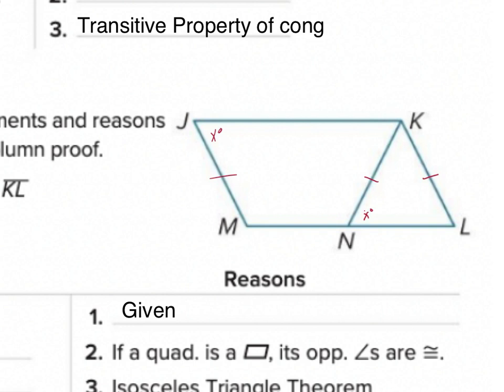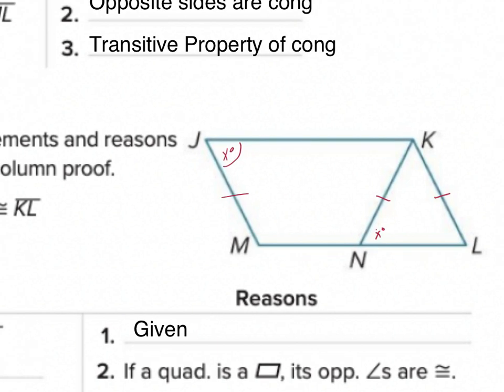So in a parallelogram, I know that this angle should be congruent to this angle. So far, so good. What else do I know? I know that this angle should be congruent to this angle.